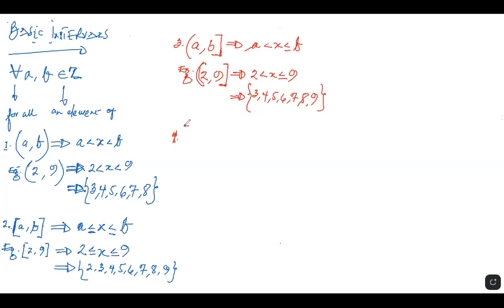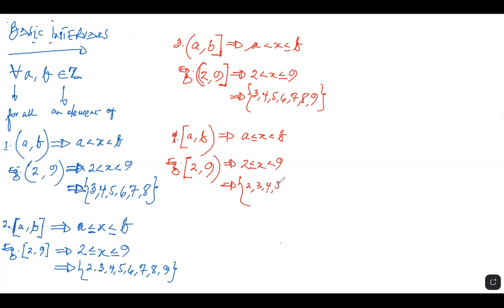So we can have the reverse, closed on A, open on B. So this would mean that we have a set of values X such that A is less than or equal to X, but then X is strictly less than B. So for example, if we have 2 and then 9, this will mean that we're looking at a range of values X such that 2 is less than or equal to X, and X is strictly less than 9, which translates to the set 2, 3, 4, 5, 6, 7, and then 8.